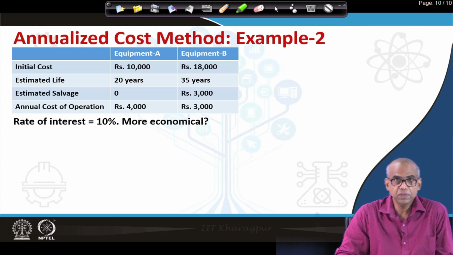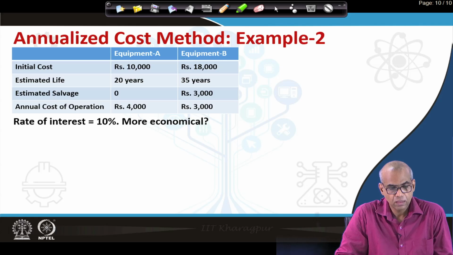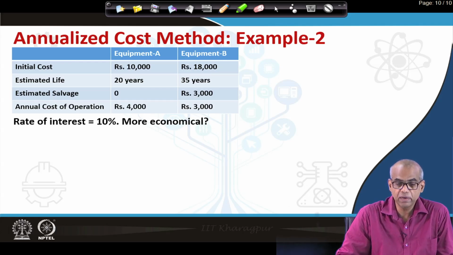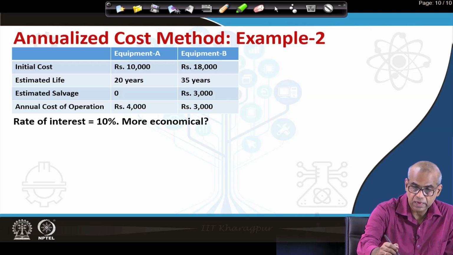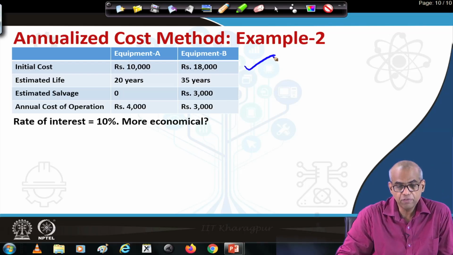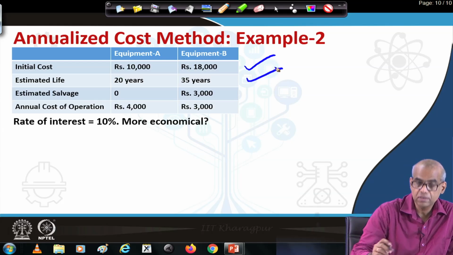Let us take another example. Again, we have two equipment, equipment A and equipment B. The initial costs are given. For equipment A it is rupees 10,000, for equipment B it is rupees 18,000. Estimated life for equipment A is 20 years, that for equipment B is 35 years.